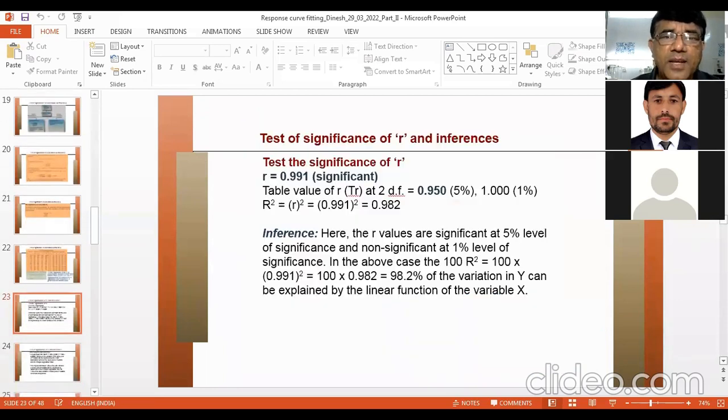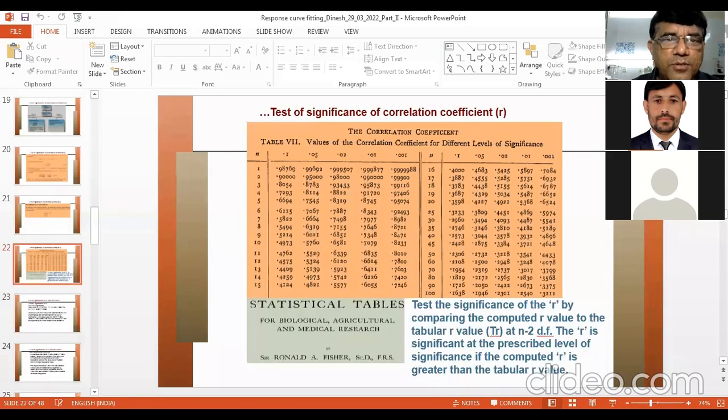Now, test the significance. Suppose your correlation coefficient was 0.991 and the table value of R at 2 degrees of freedom was 0.950. You can see at 2 degrees of freedom under 0.05, which means 5% level of significance, the value is 0.950.